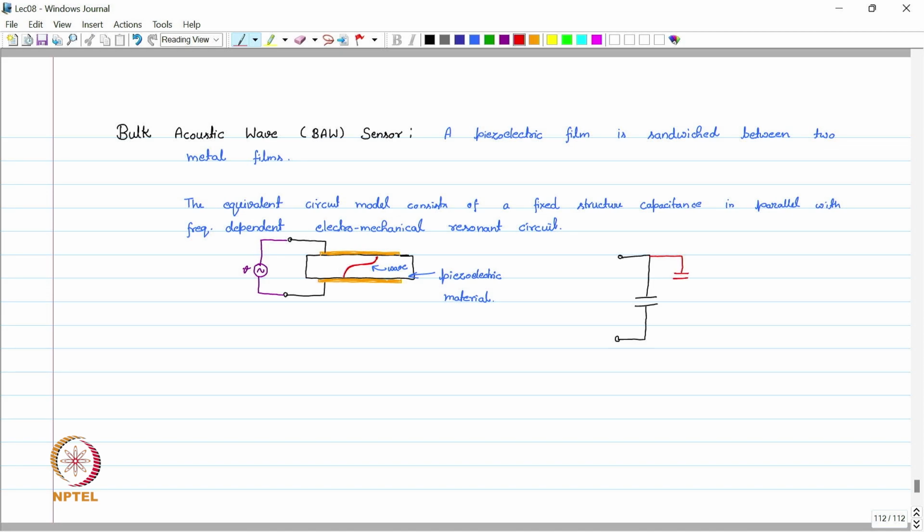It has its own capacitance, a resistance, and a small amount of inductance. Let's say I call it C0, and this is C1, R1 and L1.